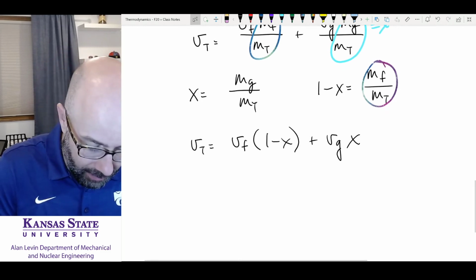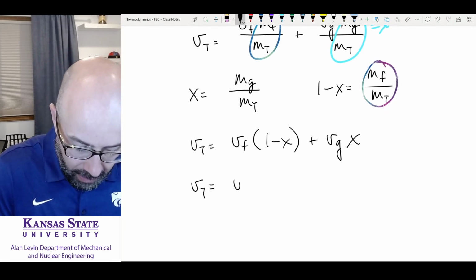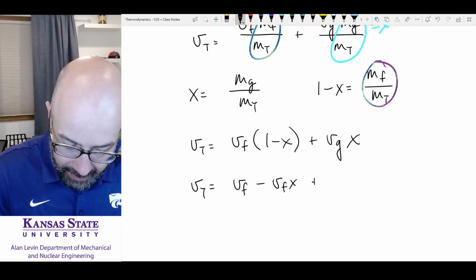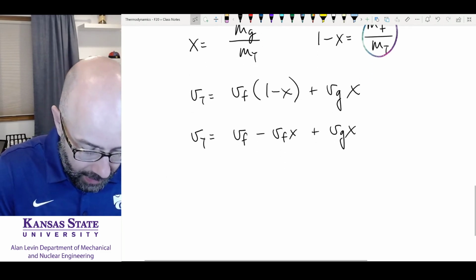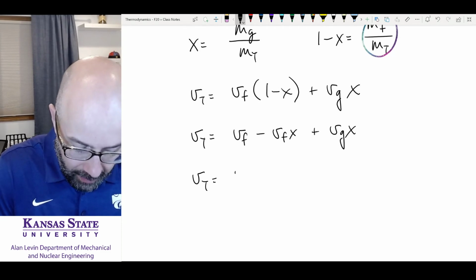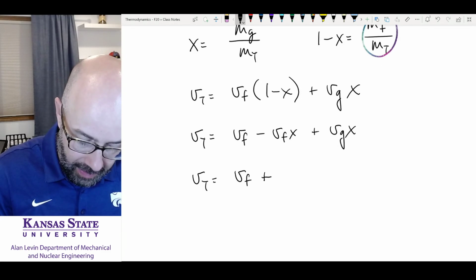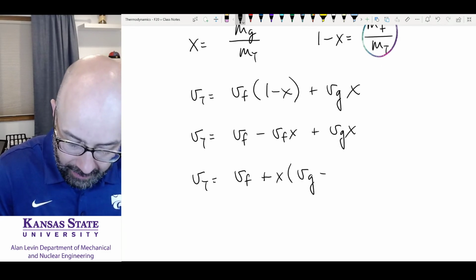And now doing some algebra, the total specific volume is equal to VF minus VF times x plus VG times x, or the total specific volume is equal to VF plus x times (VG minus VF).